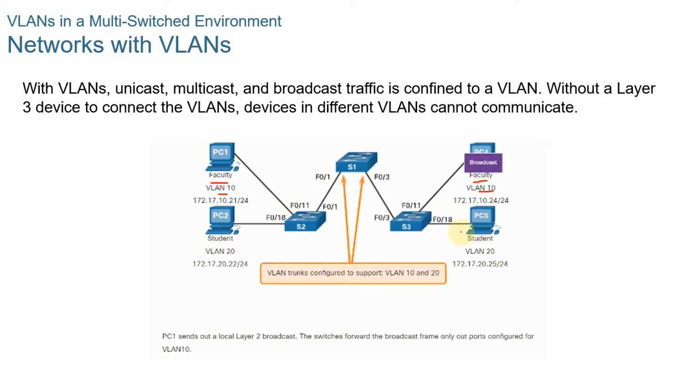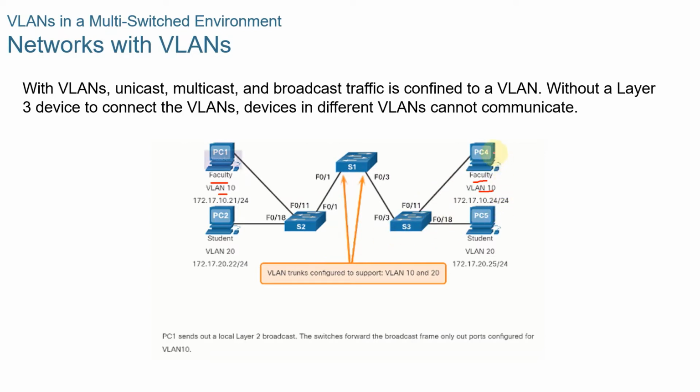the student VLAN. Now when a broadcast frame is sent from a faculty computer, or from PC1, it will be forwarded only to a computer within that VLAN. If you observe on this animation, when a broadcast frame is sent from a faculty computer PC1 to switch 2, the switch forwards the broadcast frame only to those switch ports configured to support VLAN 10.